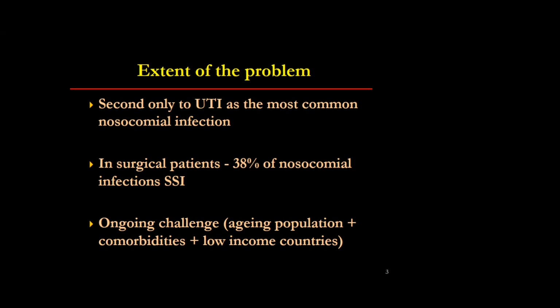But the instruments, the facilities, the environment available to us is really not of that class because of economic considerations, not because of anything else. So we still need to know surgical site infection as we knew it maybe 40, 50 years ago.